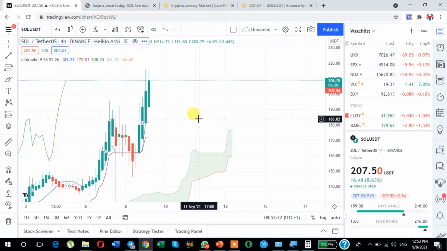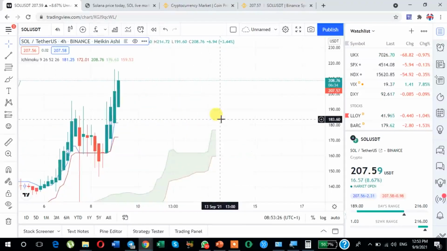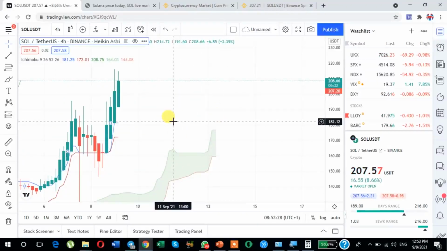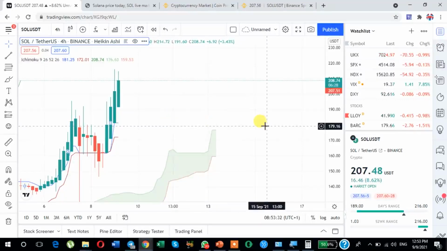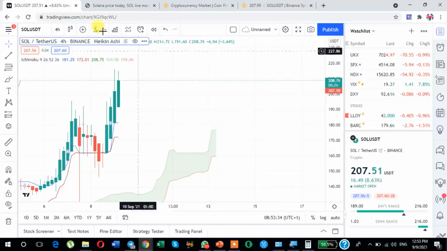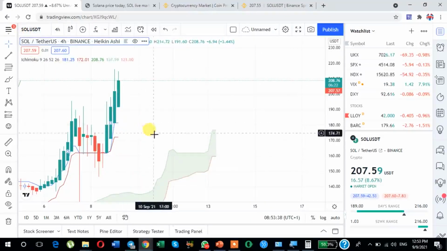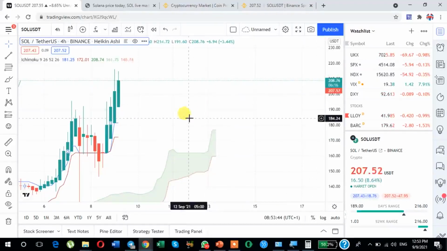In this way, if your investment is a maximum of $1,000, then you will get more profit on that coin and token. For example, I am buying $1,000 of Solana. Obviously if it increases by only $1, I will take more profits.